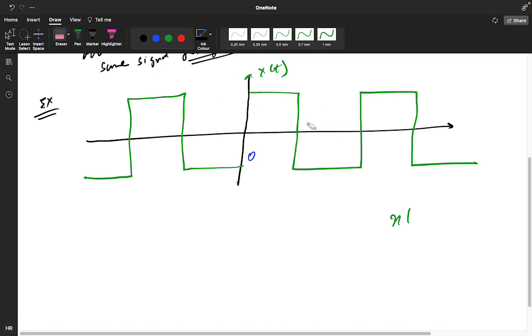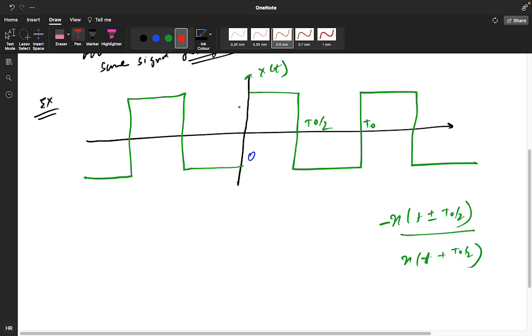This is your t naught by 2, and this is your t naught. What you have to do is x of t plus or minus t naught by 2. You can do either plus or minus. Then you have to do the amplitude reversal. First I am making x of t plus t naught by 2.